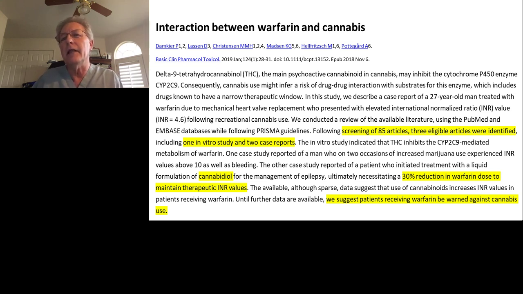That is a laboratory measurement that looks at how effective that anticoagulation treatment is.